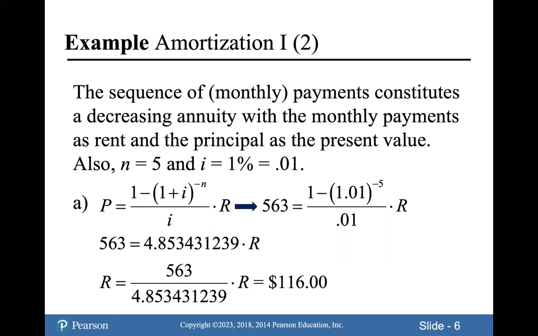Which gives us 563 is equal to 4.853... times R. So dividing both sides by 4.85343..., we get that R is equal to $116. Please ignore the sloppy notation down here at the bottom. If you just take out that multiplication sign, then it's correct. You have one step here and then the answer here. Or you could just cross out the times R, and that works too.